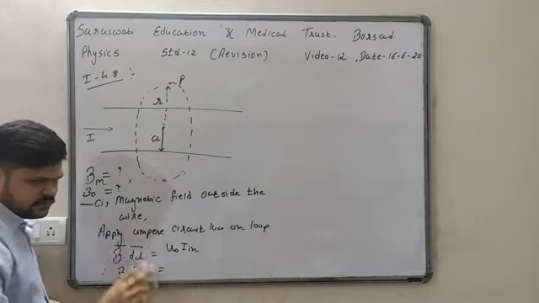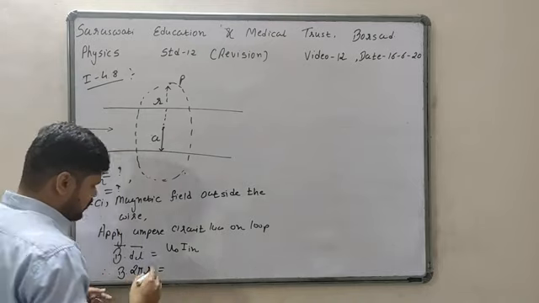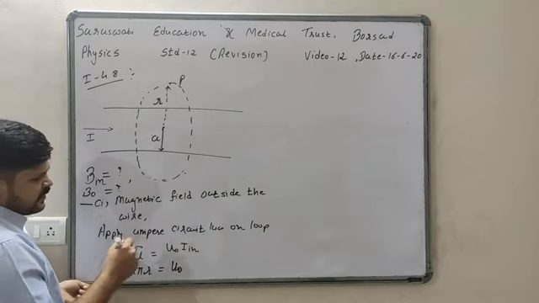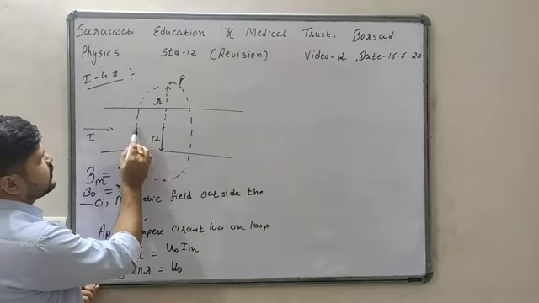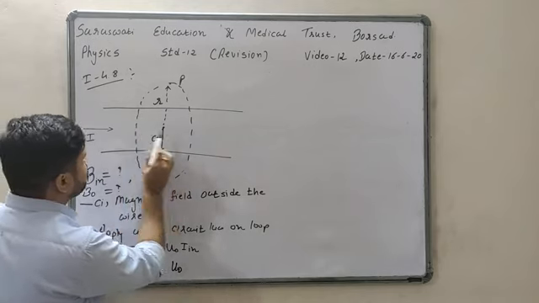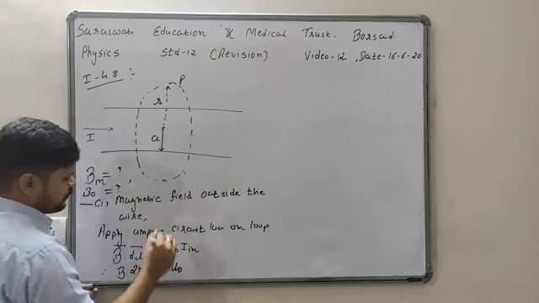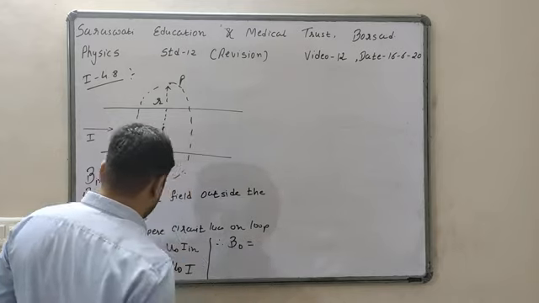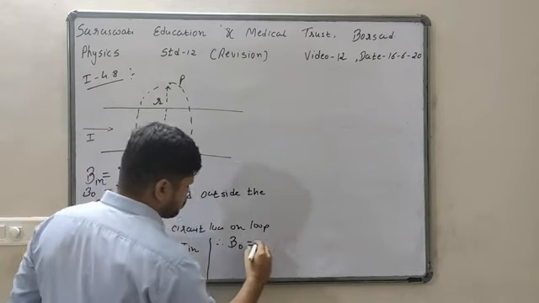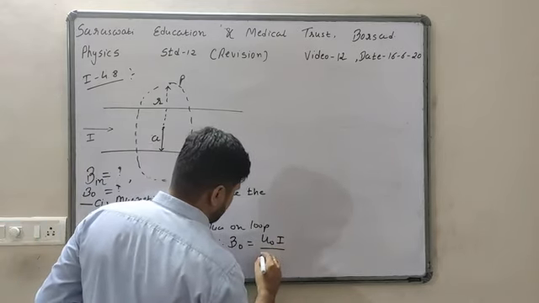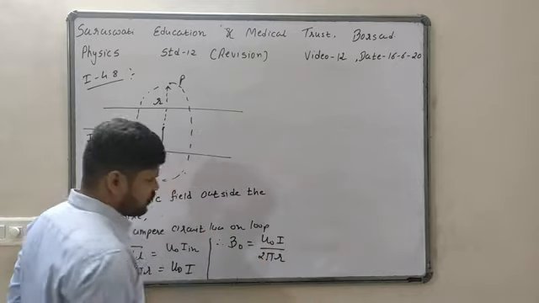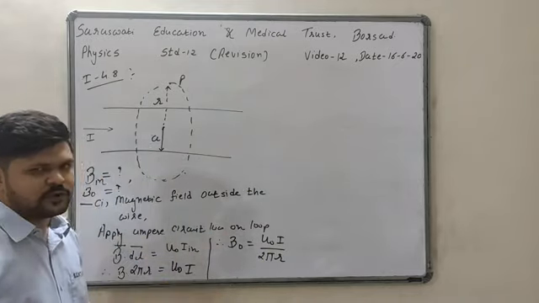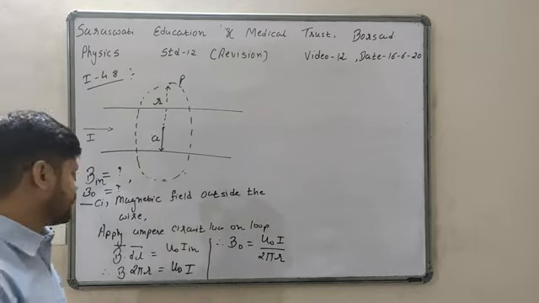So the angle is 0, cos 0 is 1, B into 2 pi r is equal to mu 0 I in, that means the current flowing inside this loop is I. So the magnetic field outside the wire is B equals mu 0 I upon 2 pi r. This is case 1.